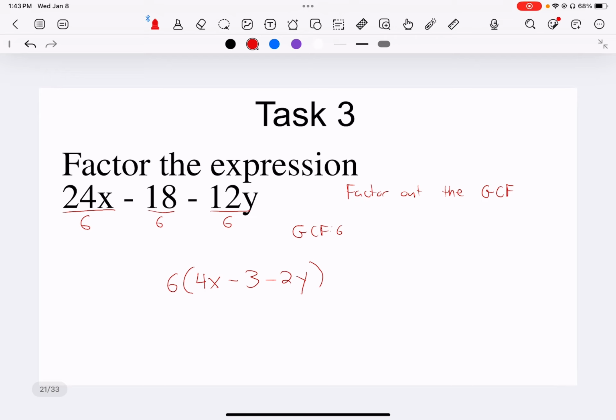So this would be my factored expression. And again, if you'd like to check, just distribute and make sure it matches your original problem. 6 times 4x is 24x. 6 times negative 3 is negative 18. 6 times negative 2 is negative 12y.